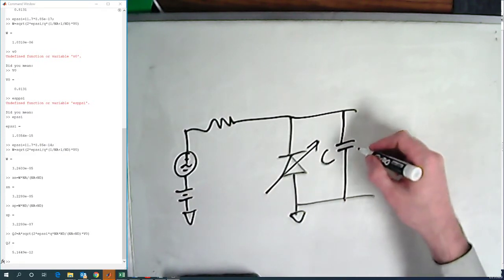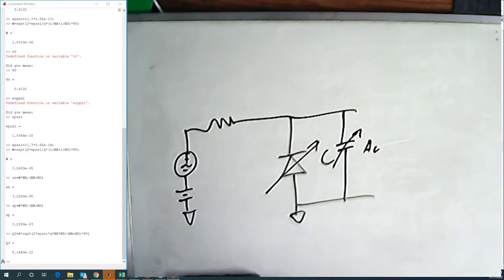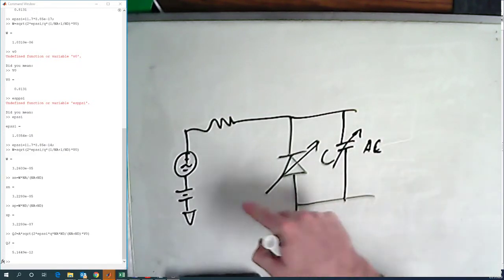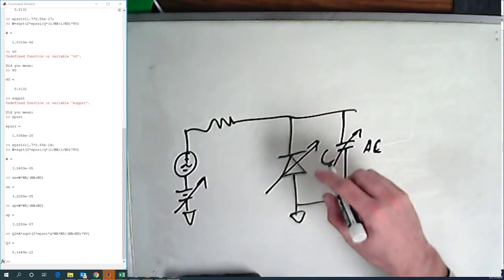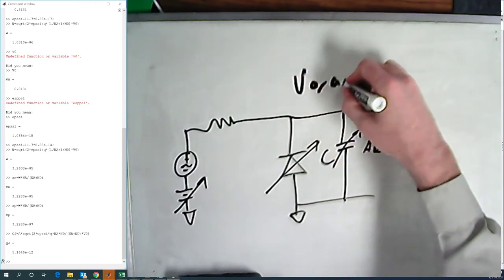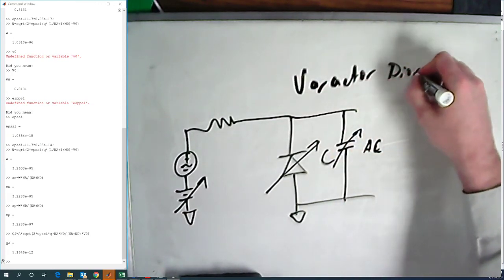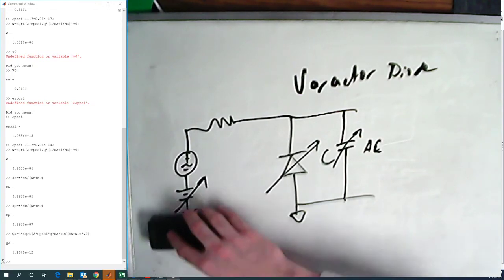But it's only variable on the AC. And so if we look at the AC waveform as it comes through here, and then vary this, the capacitance will go up and down, changing the corner frequency of our filter. And so this is called a varactor. We intentionally can make these, and then like I said, whether we like it or not, there's always going to be some capacitance across diodes.